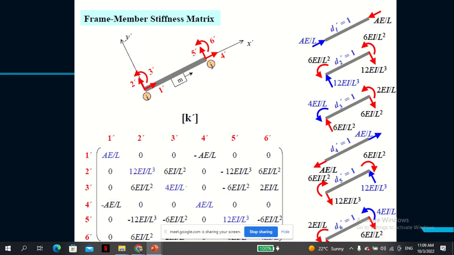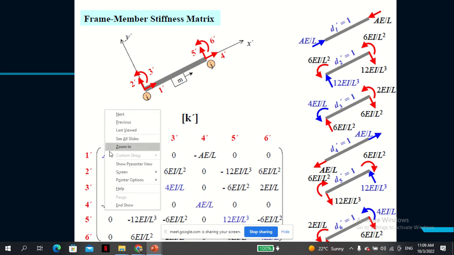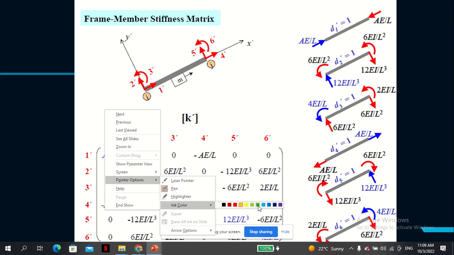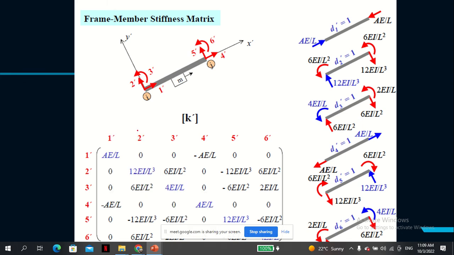We need a pen. That color may not be very good, so let's choose a red one. So you know, for example, this common force, let's call it P, is equal to K times the extension.